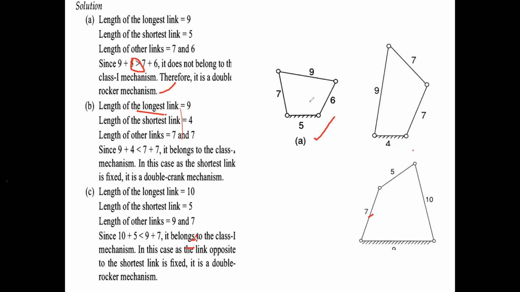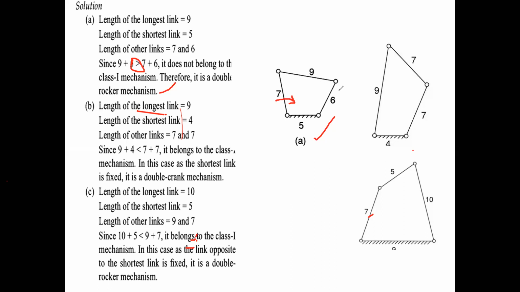The shortest link is fixed. Now let us see what happens in this diagram. When link 7 is turning, the other links also move relatively. Link 9 moves and link 6 moves. Those two have only oscillatory or turning motions.